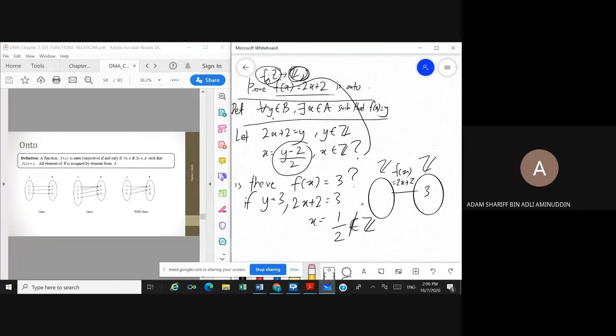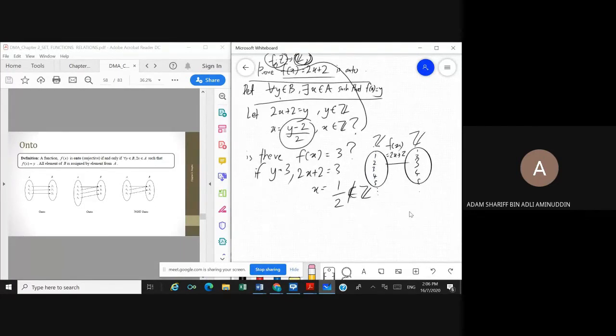It means when I list down every integer here, 1, 2, 3, 4, 5, and here also 1, 2, 3, 4, 5, and until infinity, 3 will not be assigned by any integer. So 3 ni tak ada kawan. Dia tak ada, there is no x which will be assigned to it.